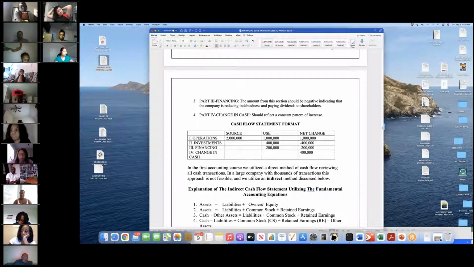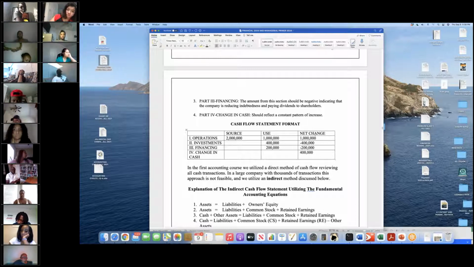This is equivalent to you as an individual. If you're working, operations is equivalent to your salary. And so you want enough salary to buy some new assets when you graduate, pay off student loans, and have cash left over. Well, the business wants to be able to do the same thing.